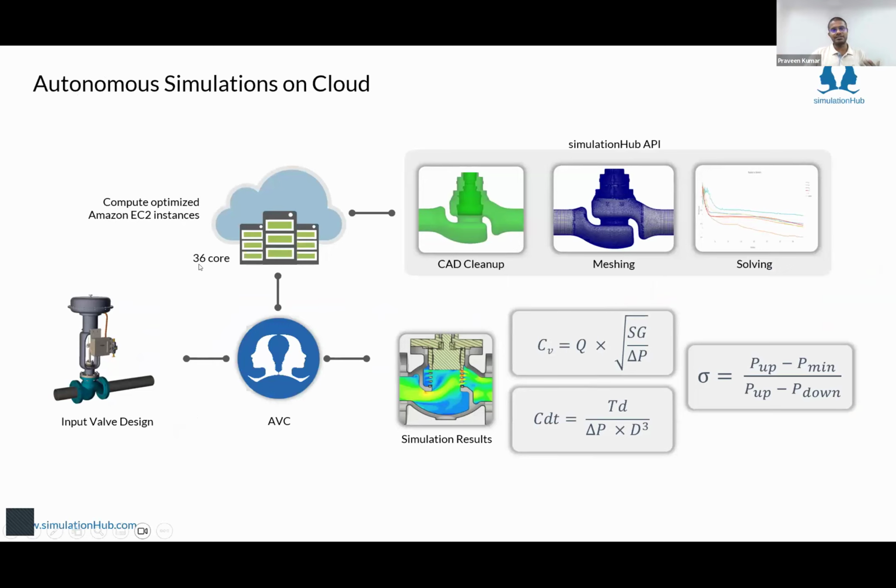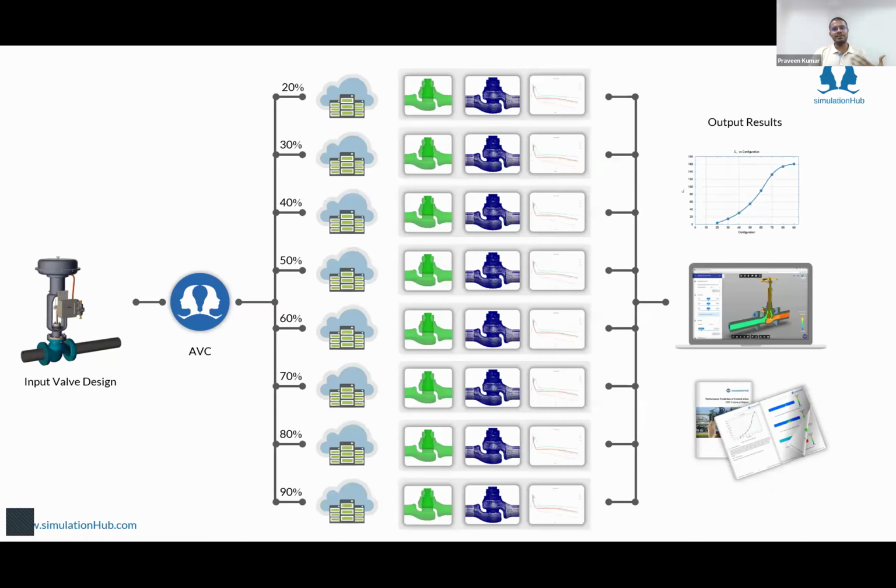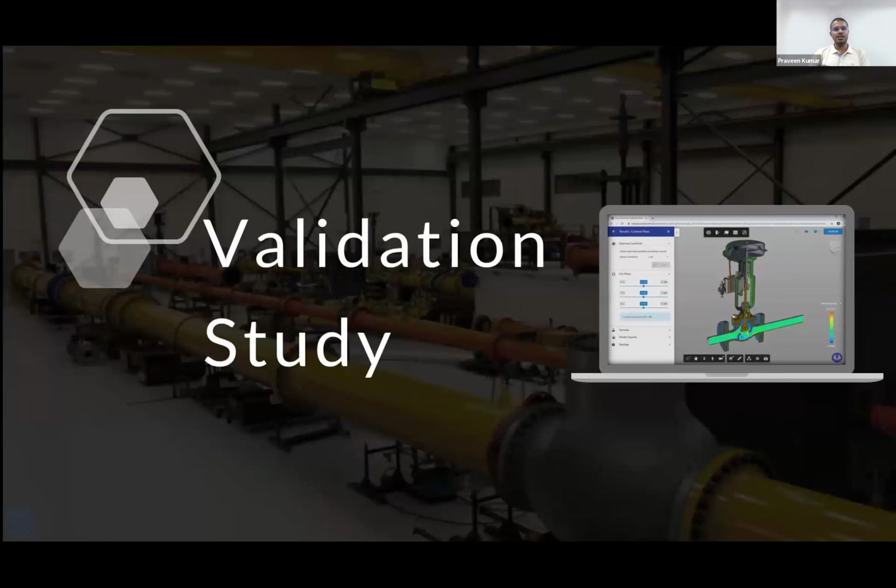It assigns a 36-core dedicated EC2 instance, and depending on the mesh count and the size and complexity of the geometry, you can increase the cores as well, to accelerate the simulation results. Then simulation APIs come into the picture. They do all the CAD cleanup, meshing, and solve, and provide you with the results. So this is again explained. Everything runs in parallel. Multiple designs can be run. Multiple angles of opening can run in parallel.